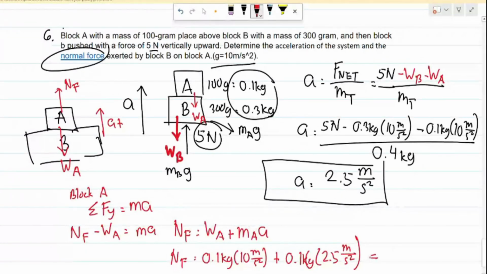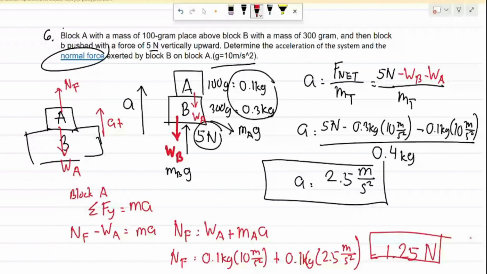So what would be our normal force? That would be 1.25, and kilogram meter per second squared is a Newton.